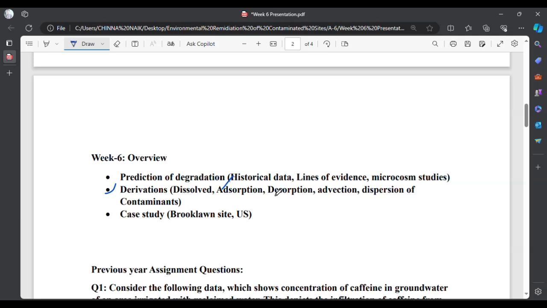In case 1, the formula is: concentration at any particular time t is equal to the initial concentration times e power minus k dash t.